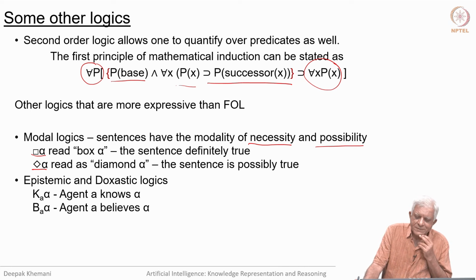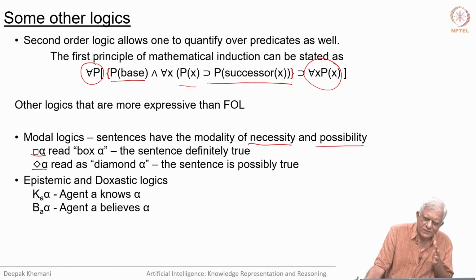Then there are epistemic logics and doxastic logics, which are useful especially when you talk about multi-agent systems. And they use two modalities. One is called the knowledge modality, one is called the belief modality. The knowledge modality says that K A alpha stands for agent A knows alpha. The belief modality says agent A believes alpha.